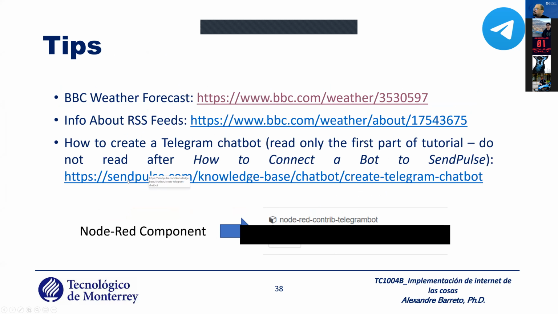I provide one tutorial step by step to see how to create a bot, and you need to install this component, node-red-contrib-telegrambot, and you configure it and it needs to work, okay. How do you do it?